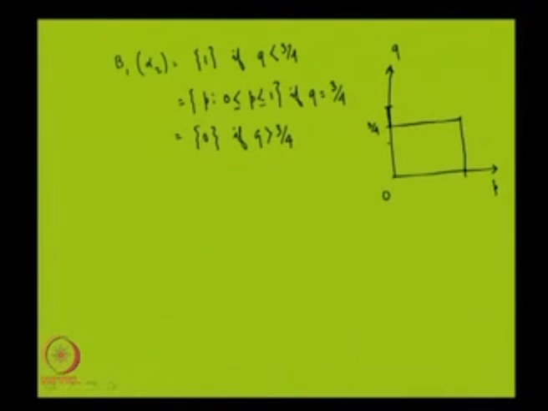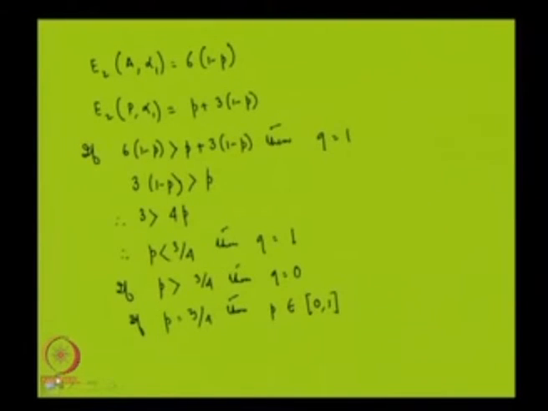Okay. And the best response function of player 2. If p is less than 3/4, q is equal to 1.